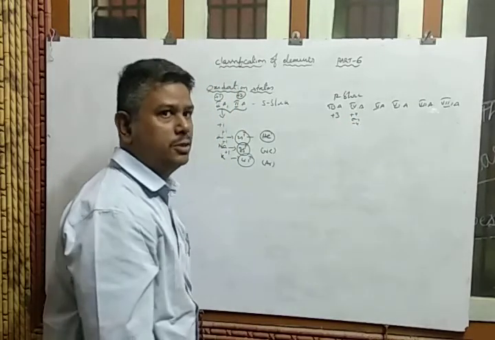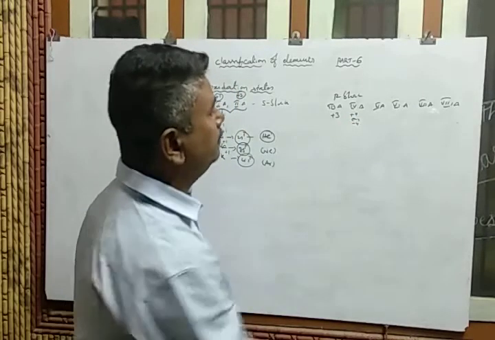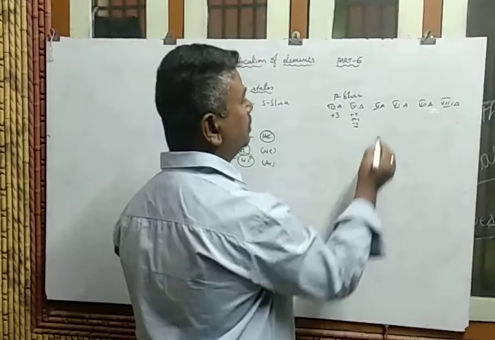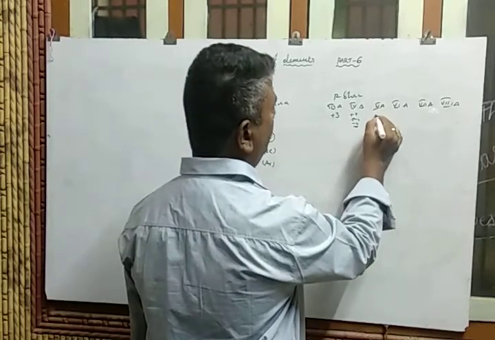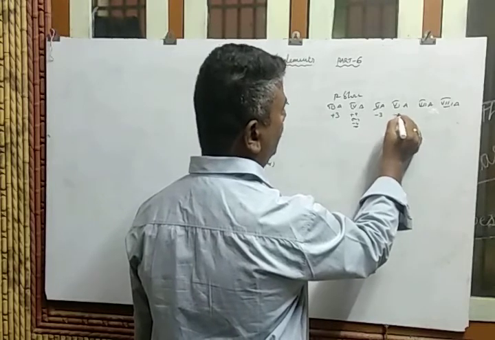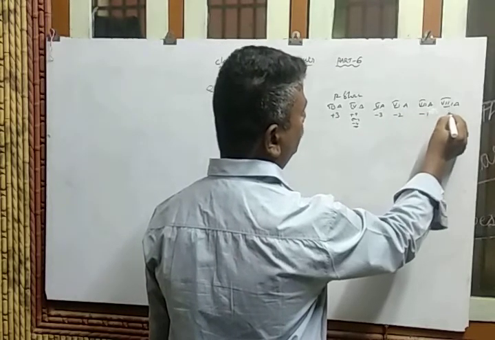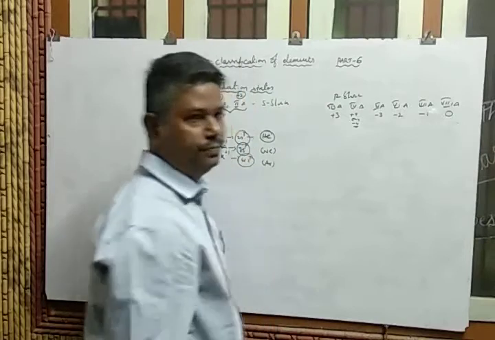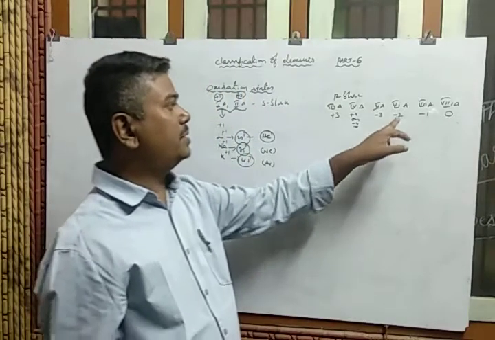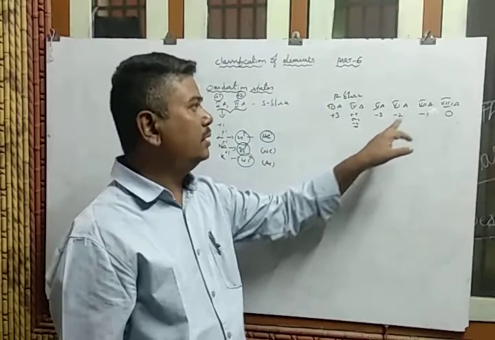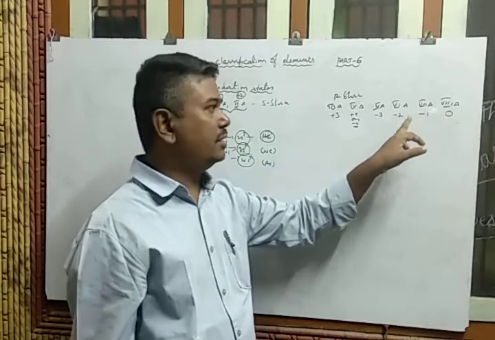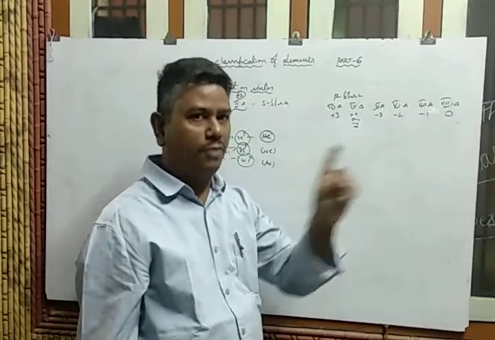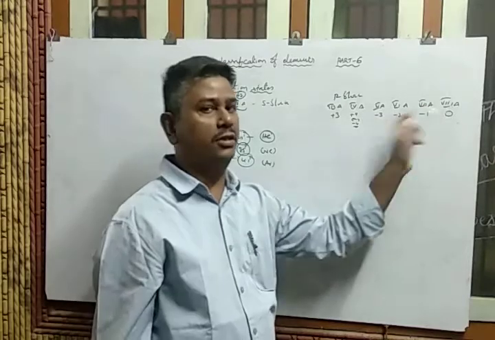It has the possibility of both, but -4 is rare. Whereas in 5A, 8 minus 5 means -3, -2, -1, and 0. 6A group element is -2, oxygen -2, and this one is which one? 7A is -1, because these groups require one more electron to get their nearest inert gas configurations.